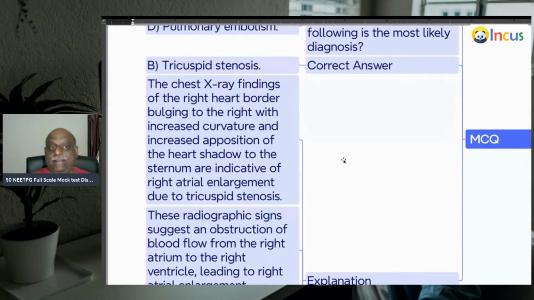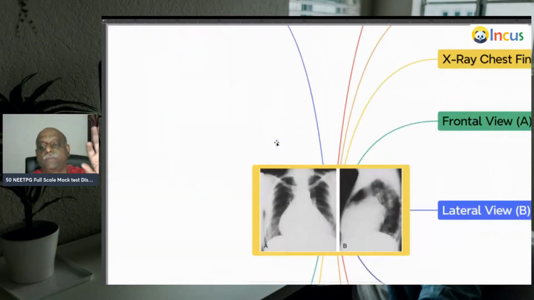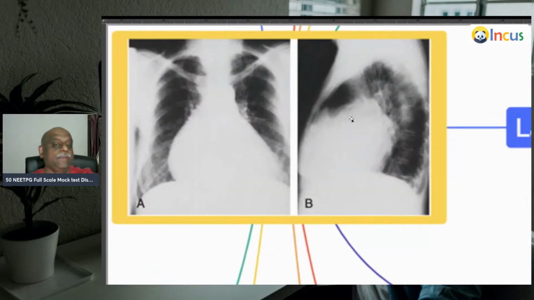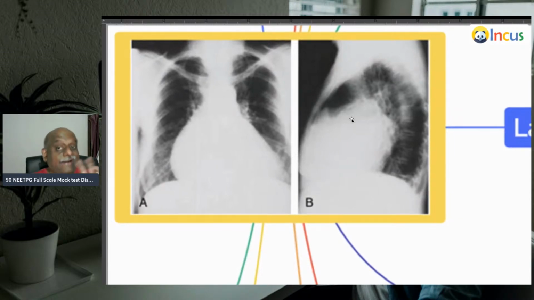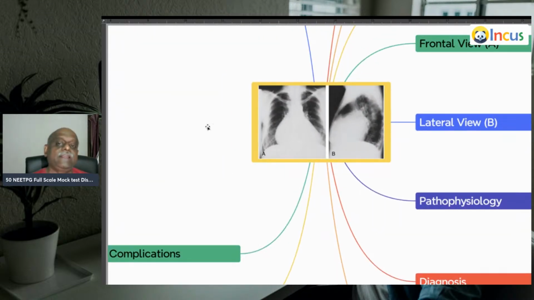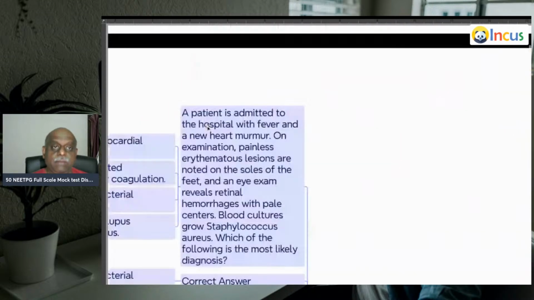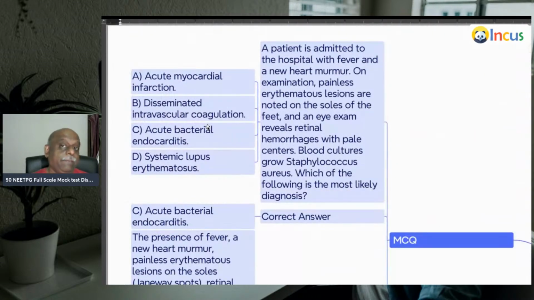So the right heart border is bulging to the right with increased curvature. Such a significant right atrial enlargement, which you are able to see, is a very characteristic feature of tricuspid stenosis, which is very severe, is what you should remember.